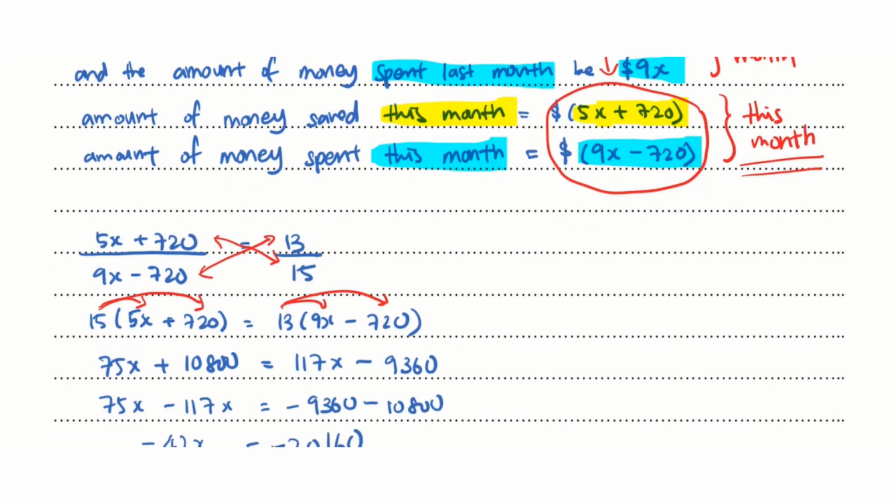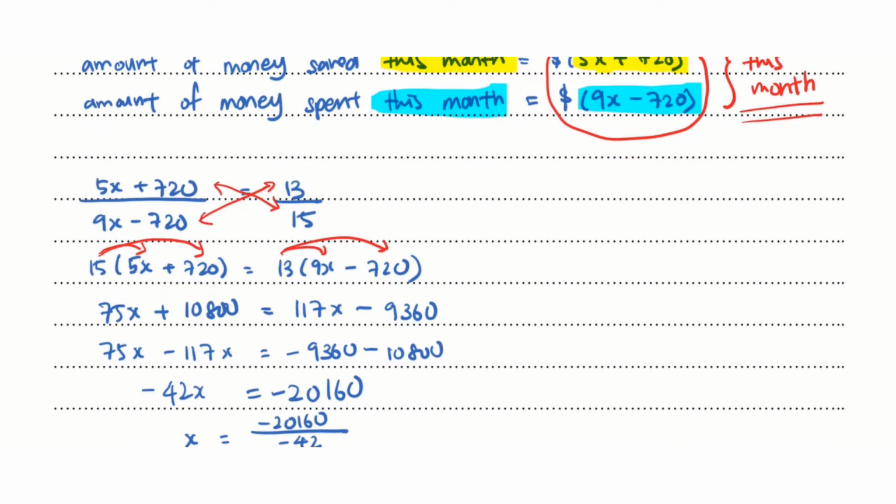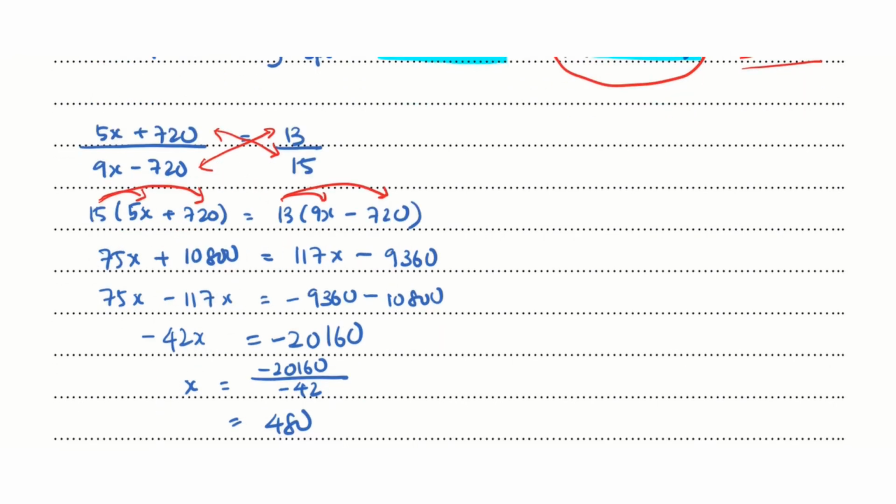I decided to move the 117x over to the left and the 10,800 over to the right. Hence, I got this equation. Then I simplify and get negative 42x equals negative 20,160. Then I divide by negative 42 on the right-hand side. Therefore, x is equal to 480.